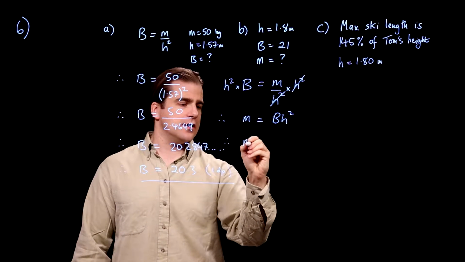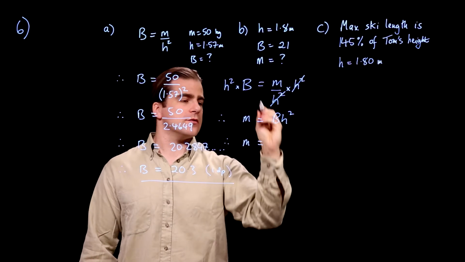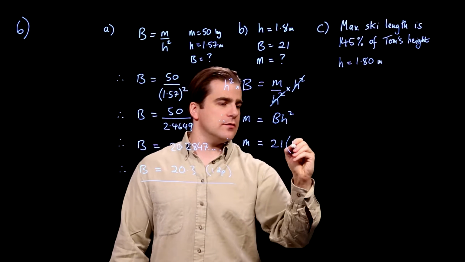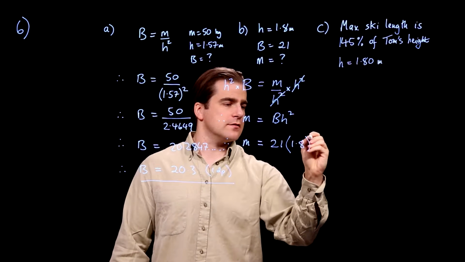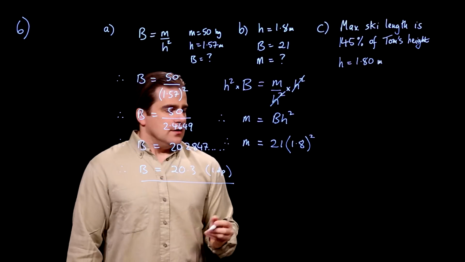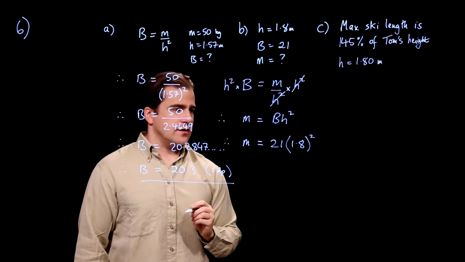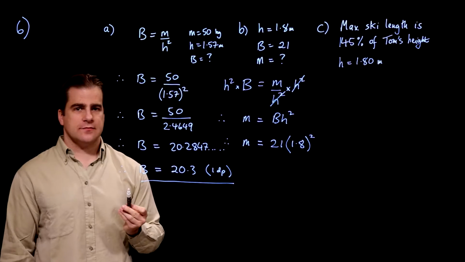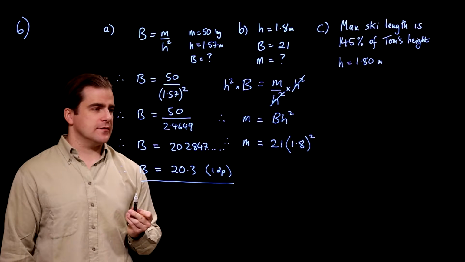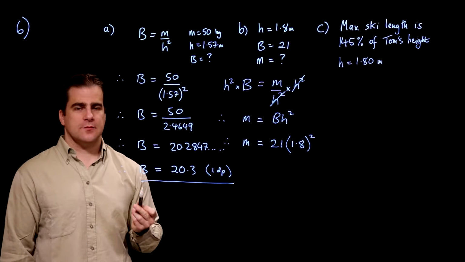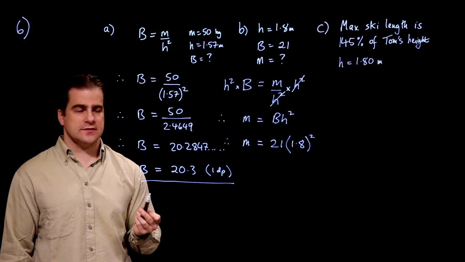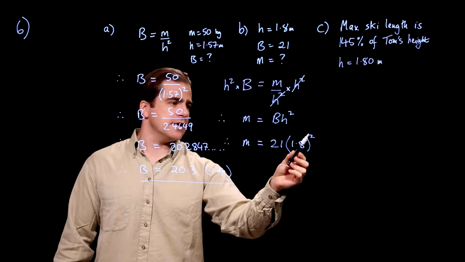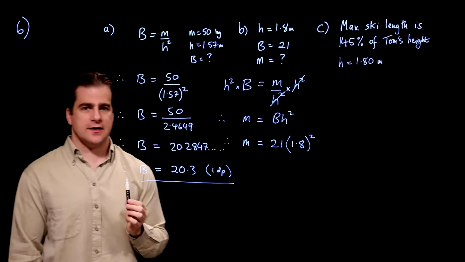Therefore, m equals b, which is 21, times h squared, 1.8 squared. 21 times 1.8 squared. Now, BIDMAS means the brackets, indices, multiplication, addition, subtraction. Indices takes precedence over multiplication.